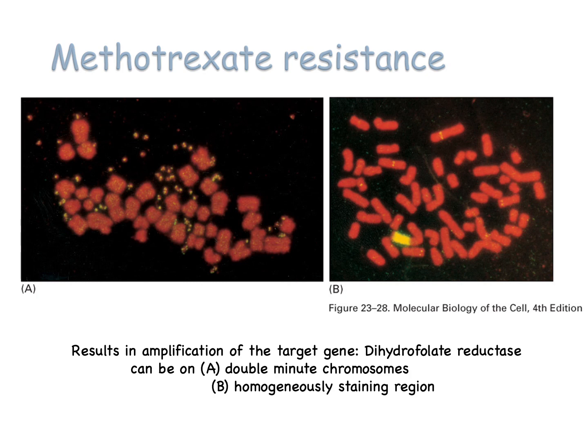Now these aren't going to bind to the spindle and assort perfectly like normal chromosomes that have a centromere. So they get distributed in the daughter cells randomly.